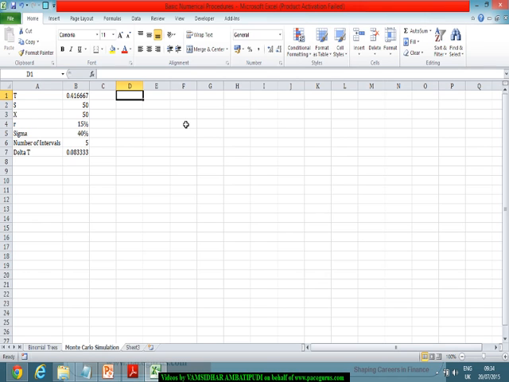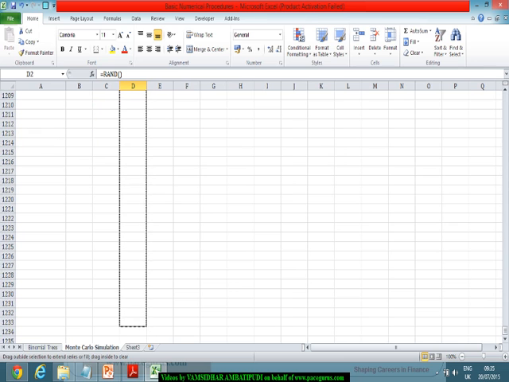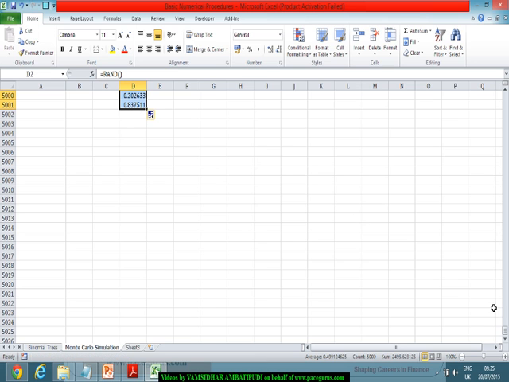Basic random numbers. I'll create a random number using the rand formula. Let me assume that I'm generating some 5000 odd random numbers. Alright, I've generated around 5000 random numbers.